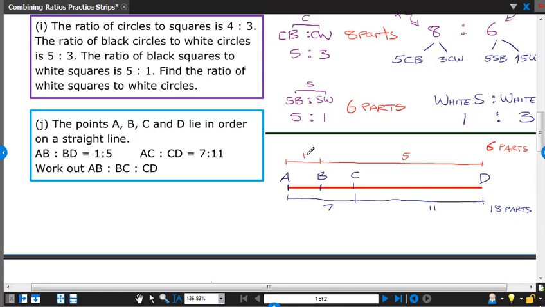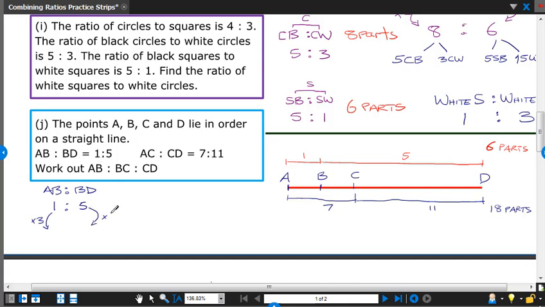So let's look at this ratio. We got AB to BD is 1 is to 5. That's 6 parts. Let's convert it to 18. So we just multiply it by 3, right? So if we multiply both sides by 3, that will give us 18 parts.